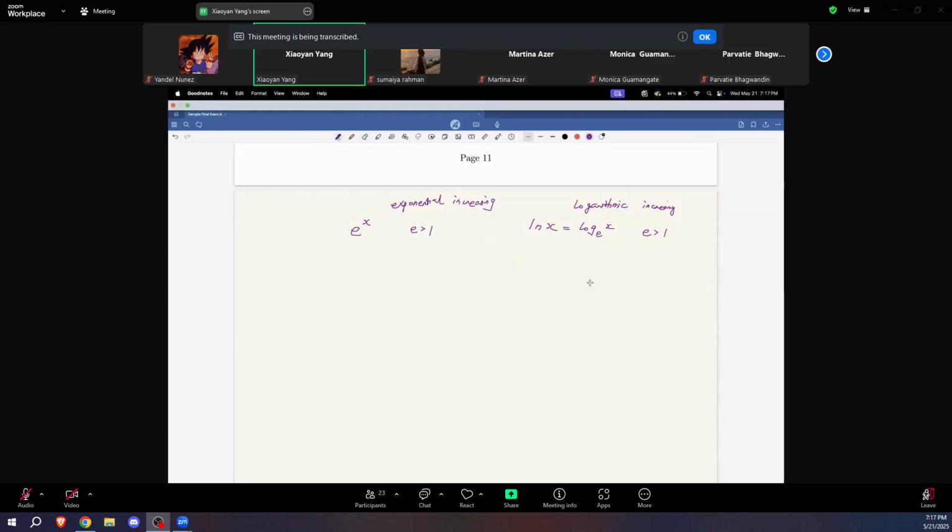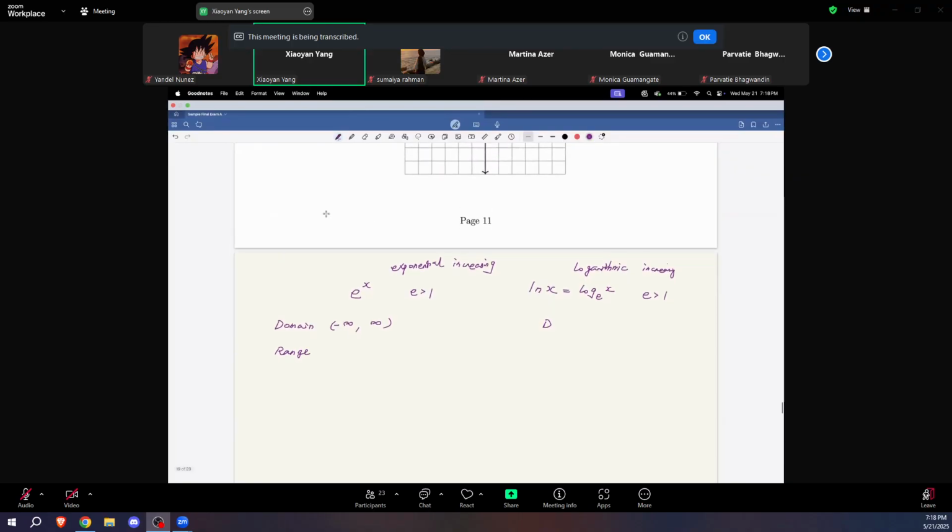Right now we're talking about something else. What about the domain for the exponential function? For the exponential function, the domain is negative infinity to positive infinity, and of course we have a range. We have the same for the inverse. This is the inverse of exponential. So based on the inverse function property, e composed with ln x equals x, because they are inverse functions, they undo each other. Remember, function composed with inverse equals x, and the inverse composed with function equals x. Since exponential and ln are inverse to each other, this rule exists. What about ln composed with exponential, also equal to x?